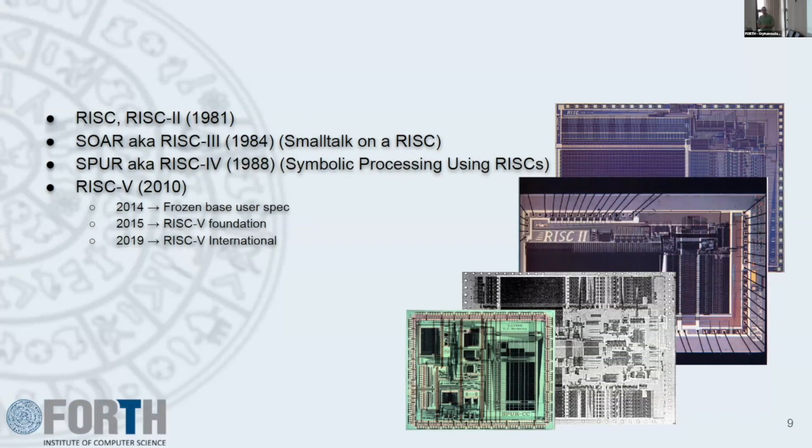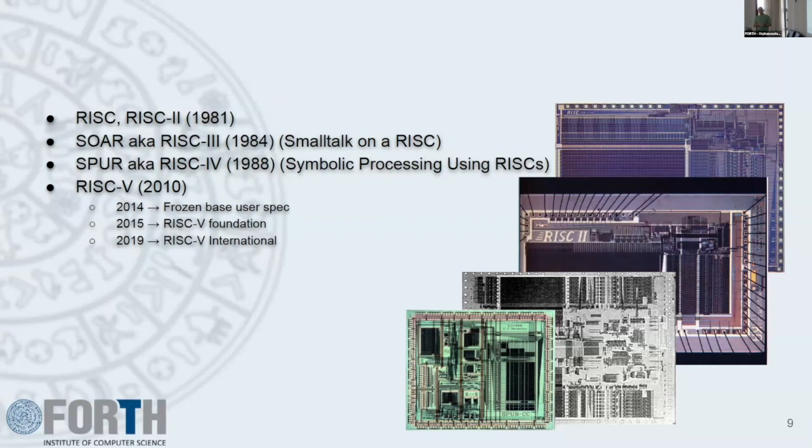And then we have RISC-V in 2010, again started in Berkeley as a student project. They decided to open source it, to share it with others for educational reasons, to help them teach computer architecture. And in 2014, the base spec, the integer spec, was frozen, along with basic privilege stuff.